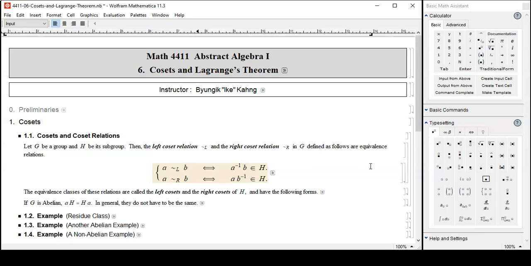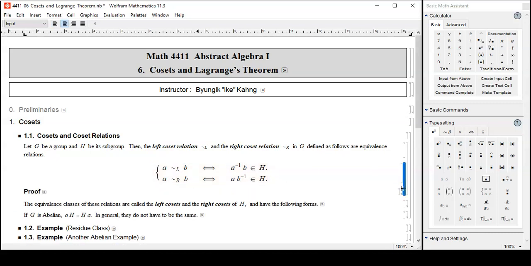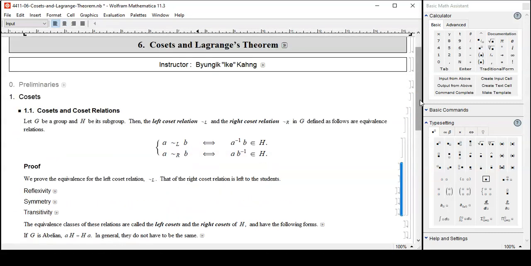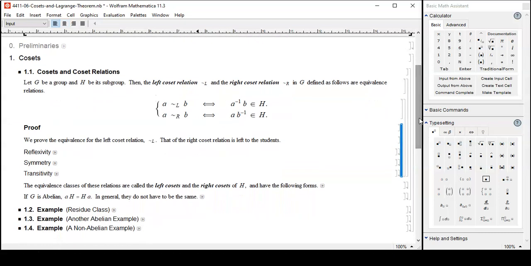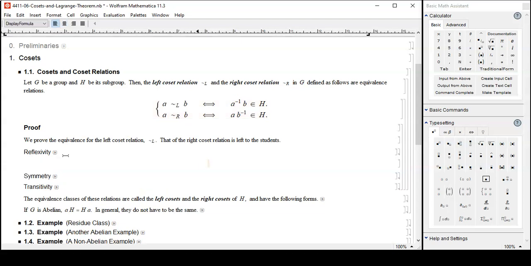Of course, we have to prove it. We have to prove these: the reflexivity, symmetry, and transitivity. Let's see, is the reflexivity true? Well, the definition goes like this, so we can rewrite this.